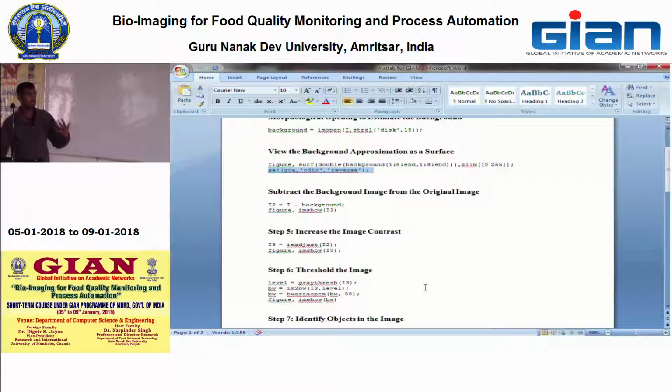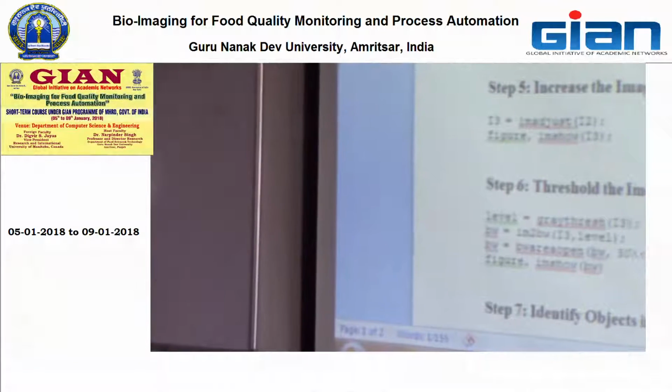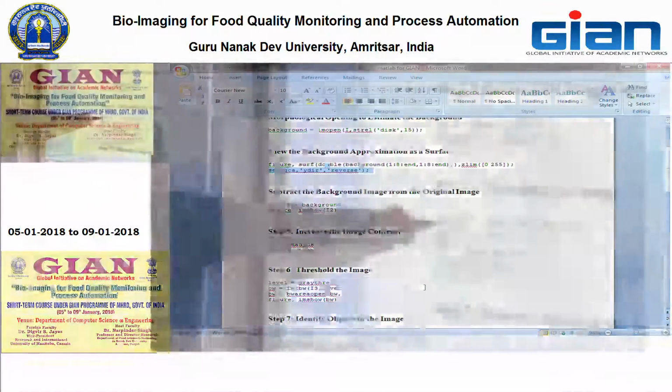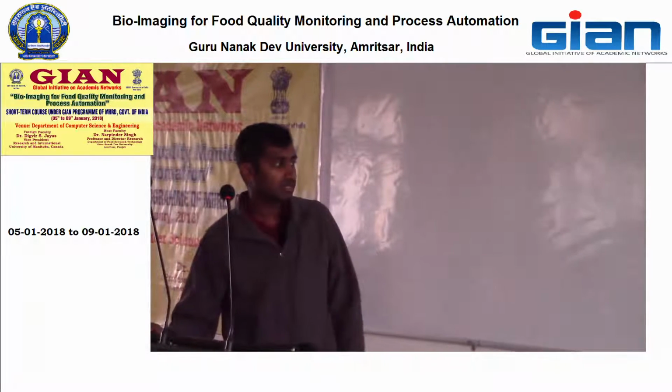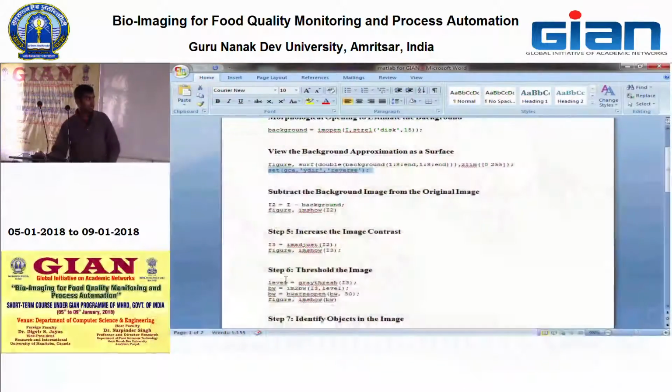So now we use the threshold. Now that we have increased the contrast, our background is more distinguishable from our object. So we can threshold our image, or segment our object from the background, using the threshold command. Here we are using the gray threshold value as our segmentation parameter. The level is what gray level we want to use as a threshold. The gray threshold value will determine the threshold we use as a segmentation tool.